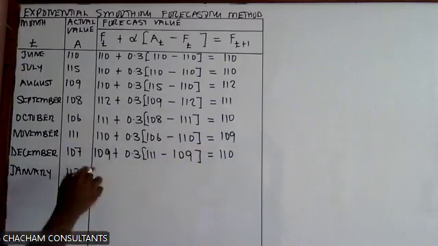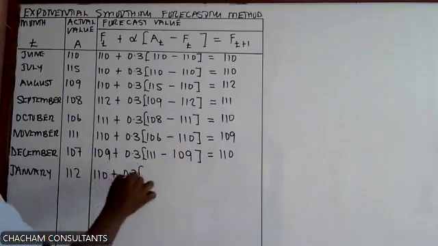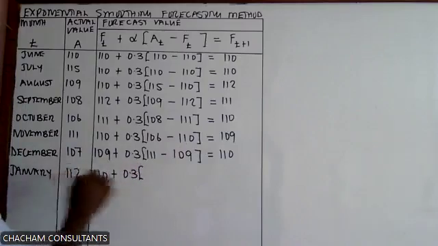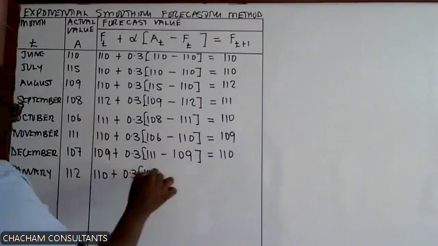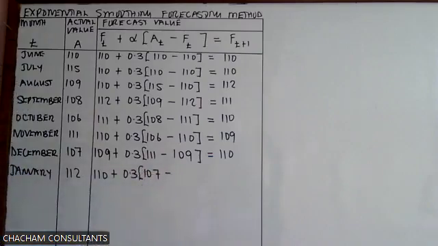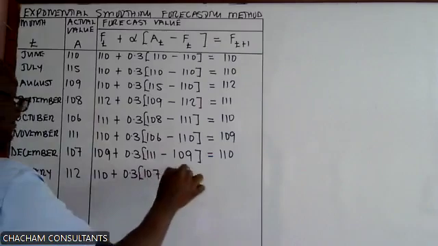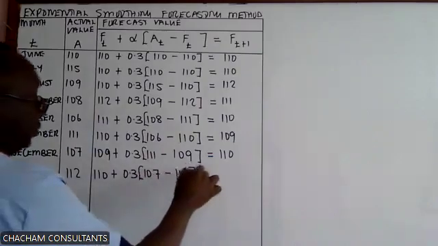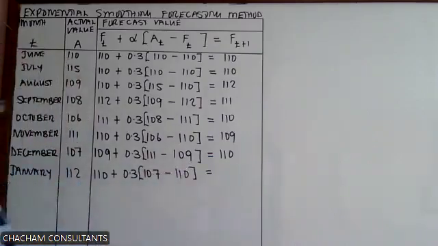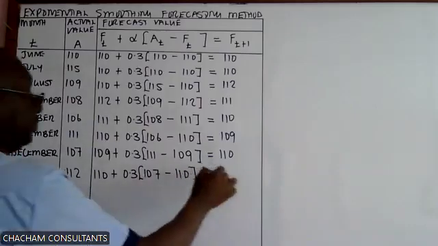So the previous forecast is 110, plus 0.3 times the previous actual, 107, minus 110. And this gives 109.